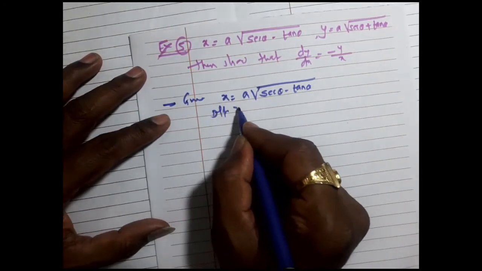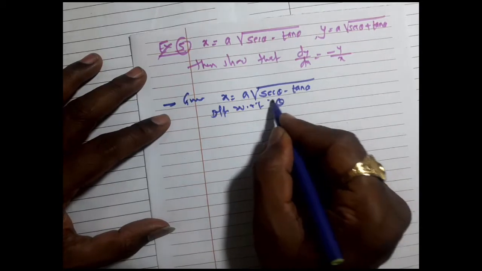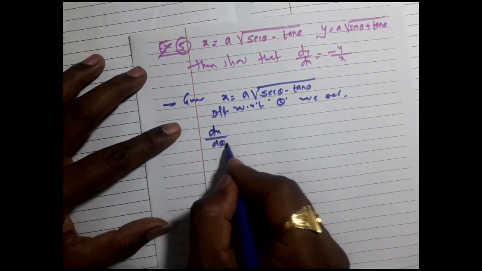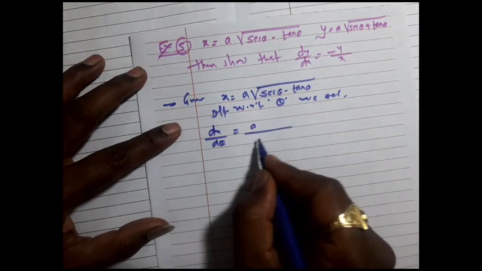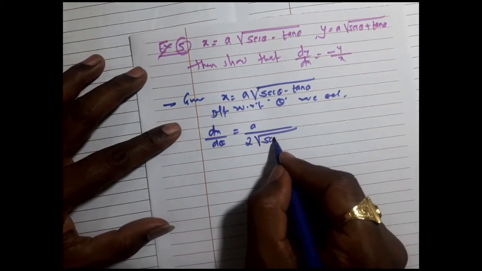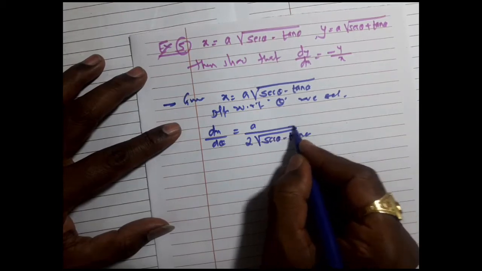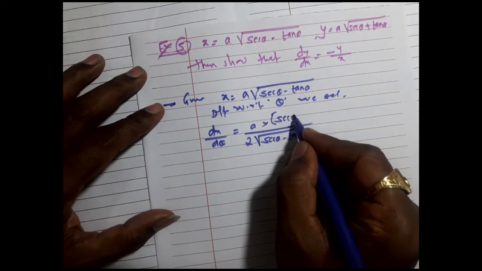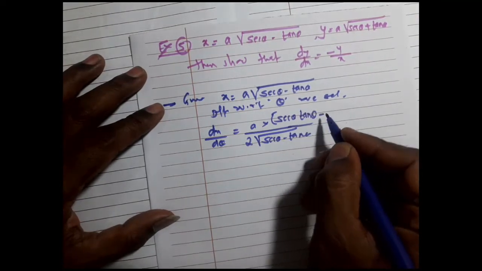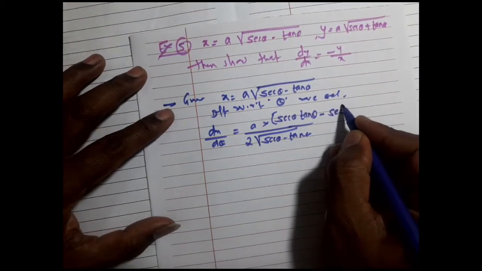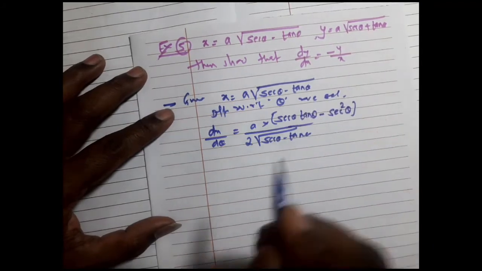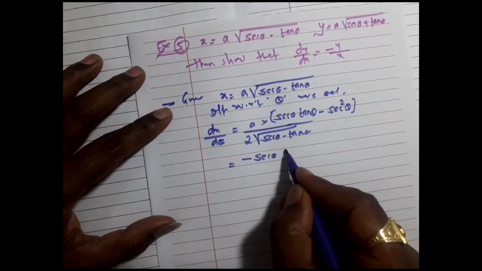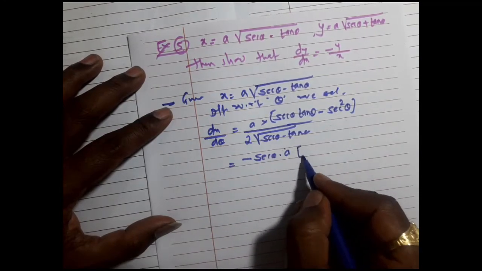Now differentiate with respect to theta, we get dx by d theta. a is constant. Root means 1 upon 2 root sec theta minus tan theta into composite function. Derivative of sec theta is sec theta into tan theta, and derivative of tan theta is sec square theta. From numerator I am taking minus sec theta common inside bracket.